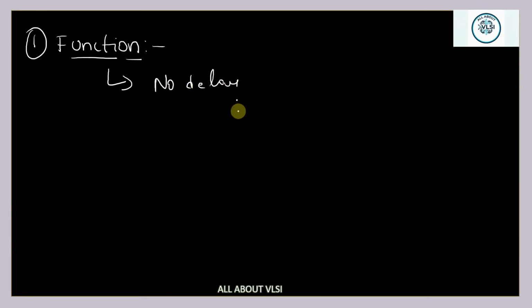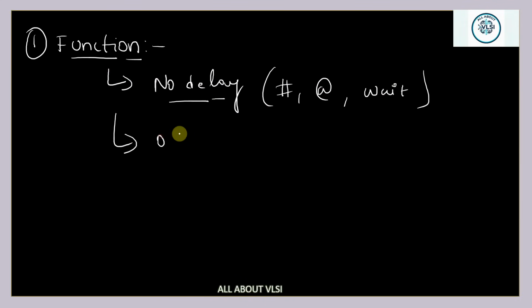A function should not have any delay statements like a hash statement, an at-the-rate statement or a wait statement. It should execute within zero time units. Whenever you call a function, it should execute within zero time units.